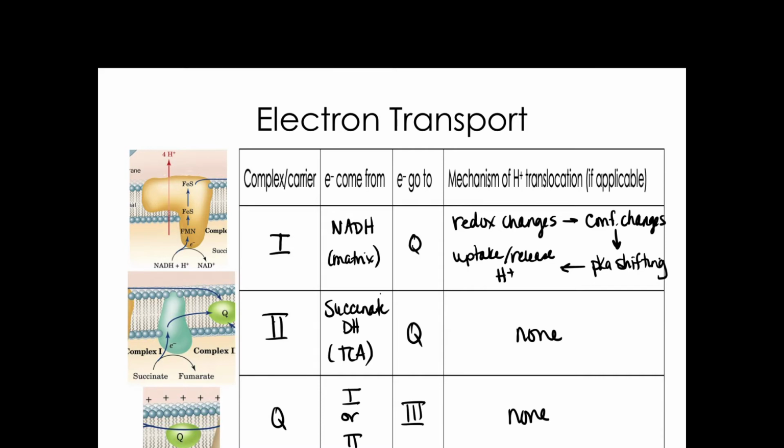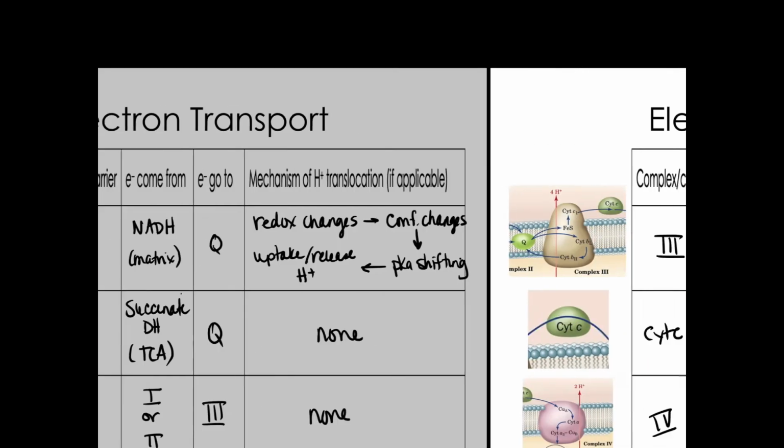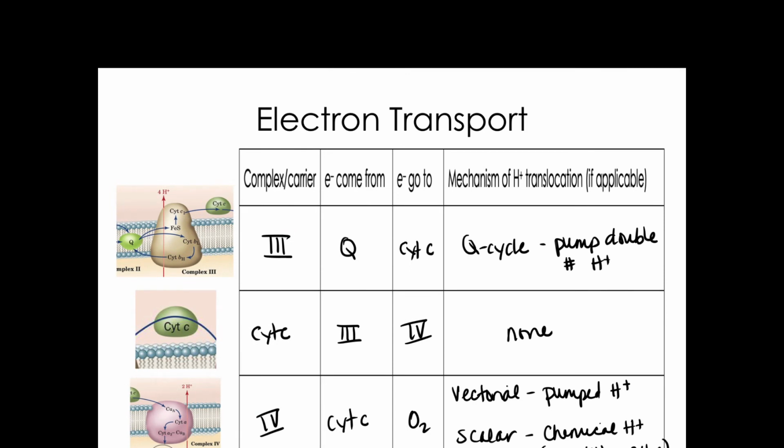At this point, there's no mechanism of translocation available. What we'll really see is complex 3 with Q. These two together allow us to translocate protons in what we call the Q cycle. So we've got a unique movement of electrons here with these blue arrows. We didn't learn any of the details of this really neat system, but it allows us to increase the thermodynamic efficiency of this process by pumping twice as many protons as we might normally be able to do.